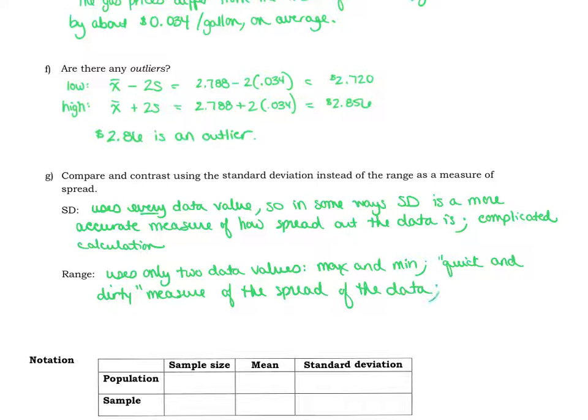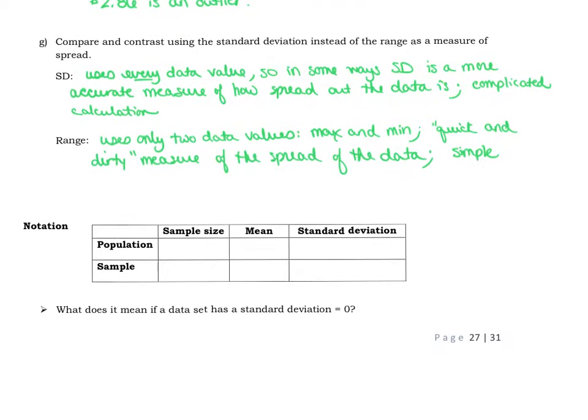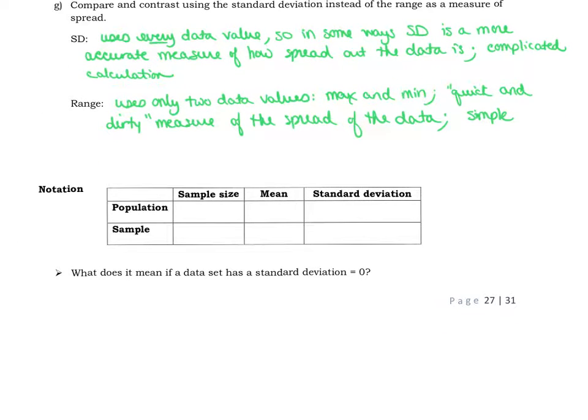It is very simple. But range ignores all data values except 2. It doesn't matter what anything is in the middle. It's only about the high and the low. So as you can probably tell, it may not be the best way. But again, it is a quick and dirty way to do it.